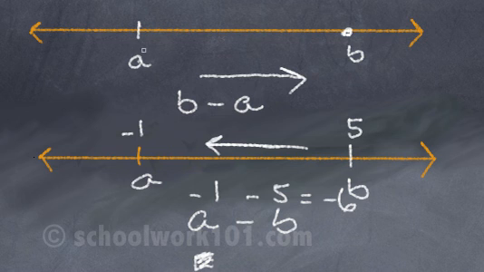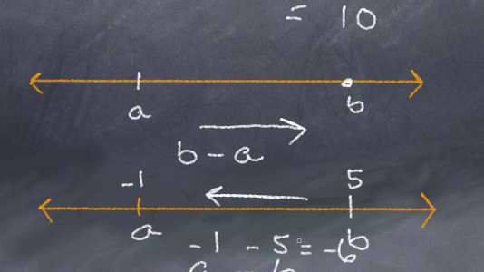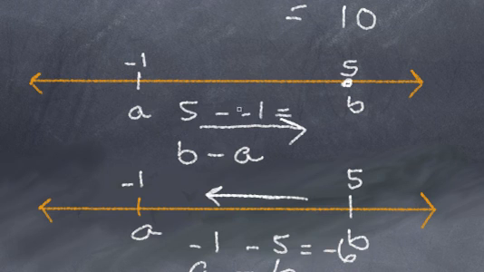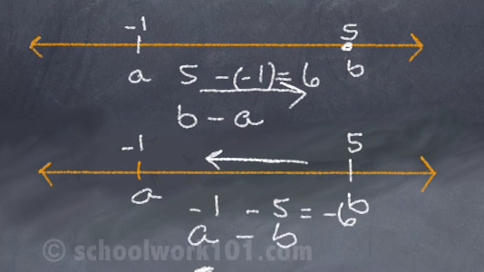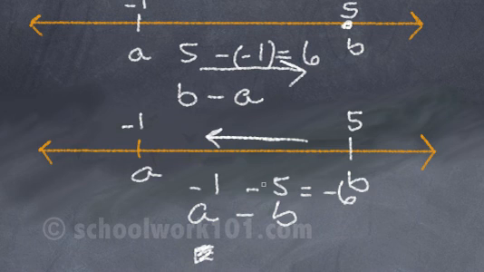Looking at the top one, this is -1 and this is 5, so this would be 5 minus -1, and we would get +6, and that tells us that our arrow is pointing to the right. So in the first one, this is the directed distance from A to B, and the bottom one is the directed distance from B to A, and of course they differ by their signs.